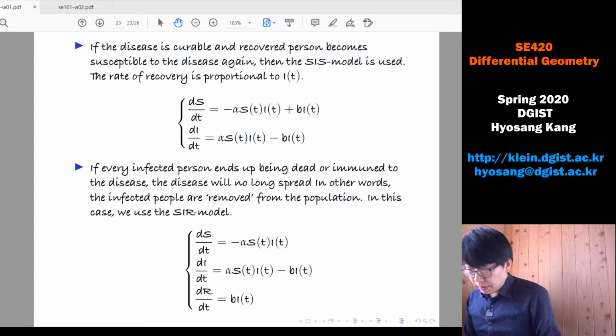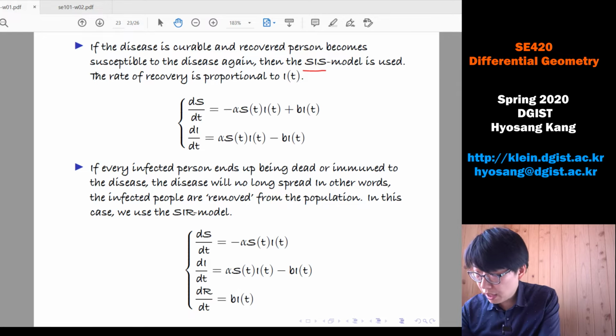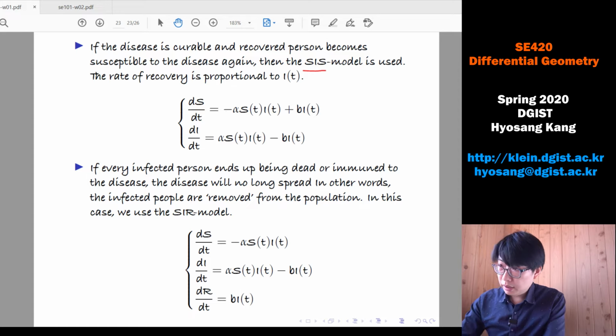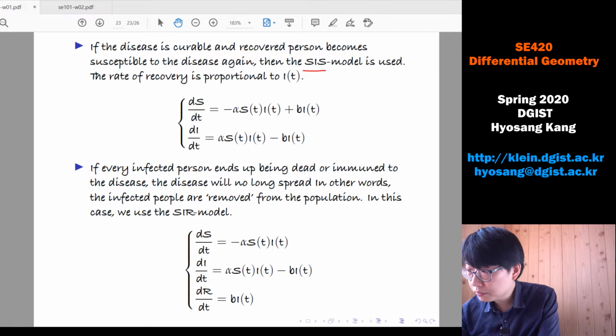A little bit more complicated model is the SIS model, which means that infected people can also be cured or recovered, but they become susceptible again. So there's no way that they can become immune to this disease.